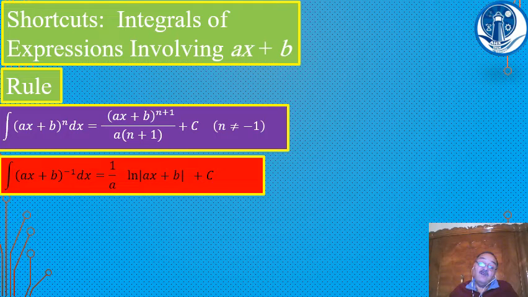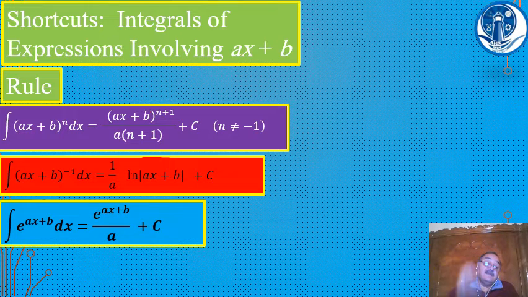If you forgot, try to find the antiderivative of the derivative of that one. It will be 1 over (ax plus b), right? The derivative inside the bracket is a, then a cancels with a, and it will give you the same function.